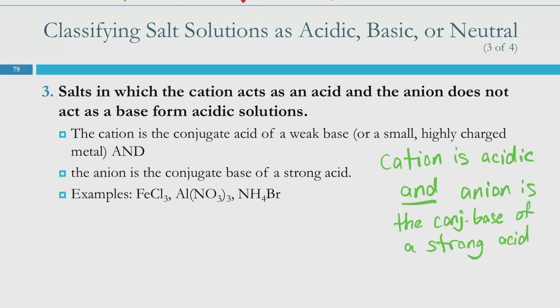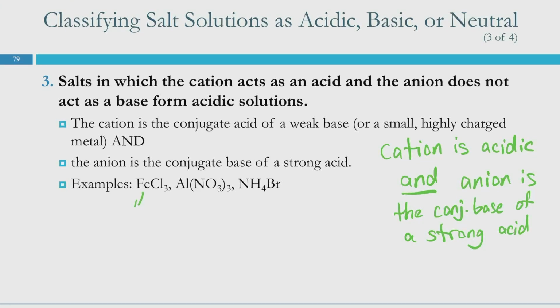The reason I say this is a little bit more complicated is because we can have things like iron 3+ and the aluminum ion, where those are small, highly charged particles, and so those act as acids, or act to form acidic solutions.